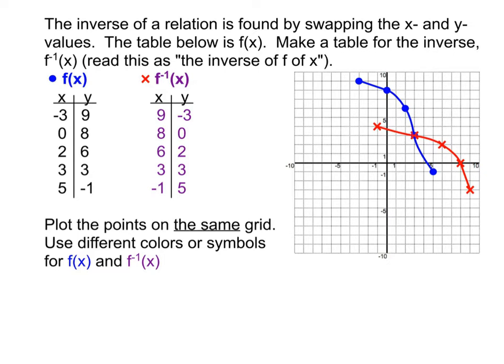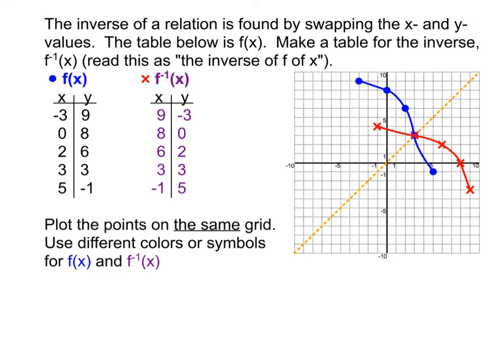Now, you'll notice between that blue graph and that red graph, they actually have the same shape to them. The only difference is that their orientation seems to have changed. In fact, if we want to get very technical about it and dig deep into these, as we will, you'll find that if I take my original graph and reflect it across that line, I get the red graph.